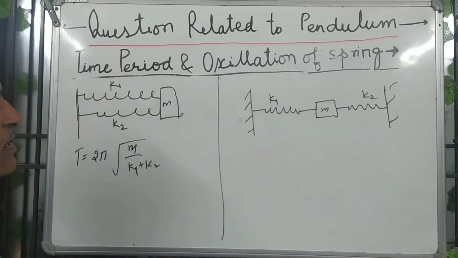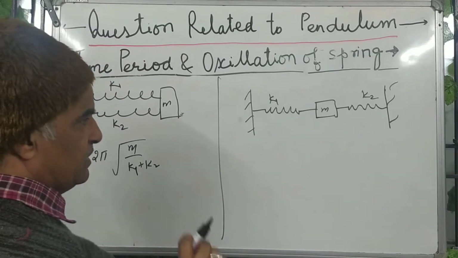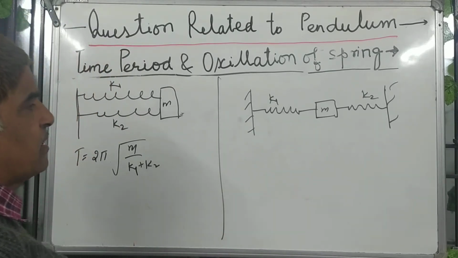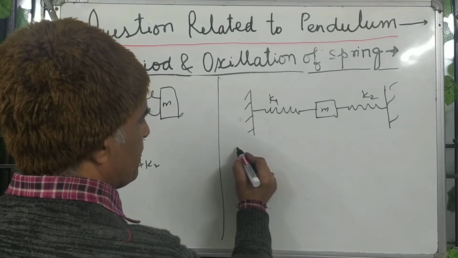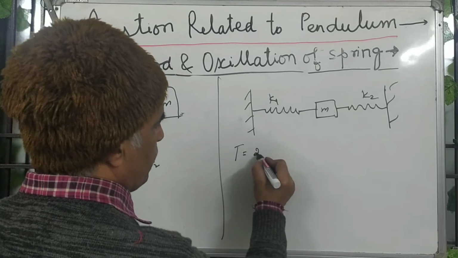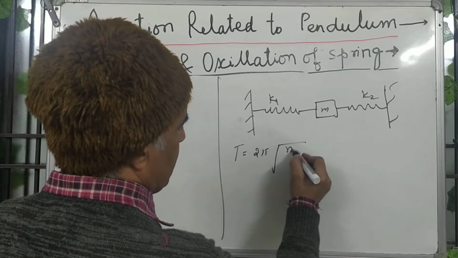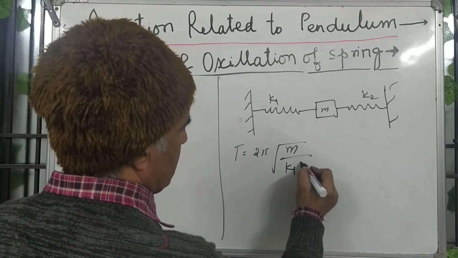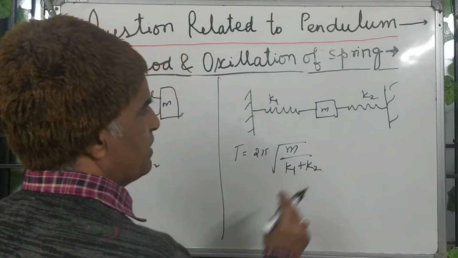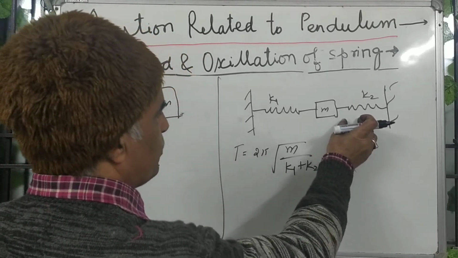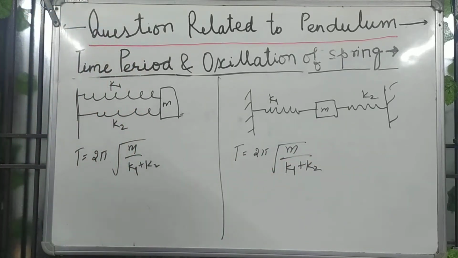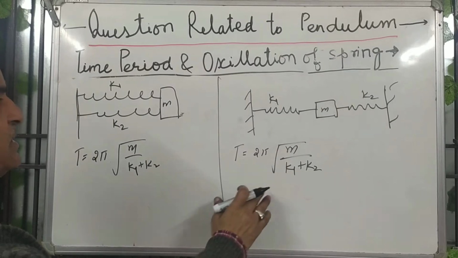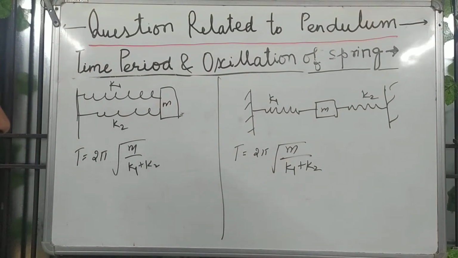This is a parallel combination. In this case, time period T equals 2 pi root m upon k, where k is k1 plus k2. If the compression is y, the extension will also be y. In parallel combination this happens. So this will be the answer.